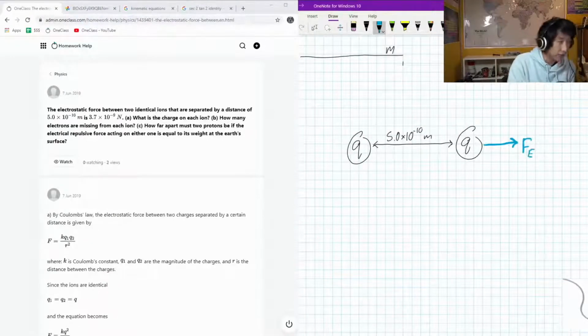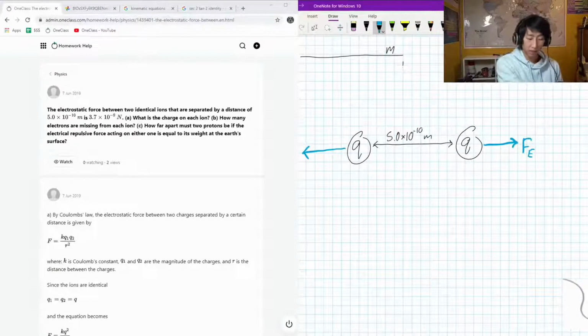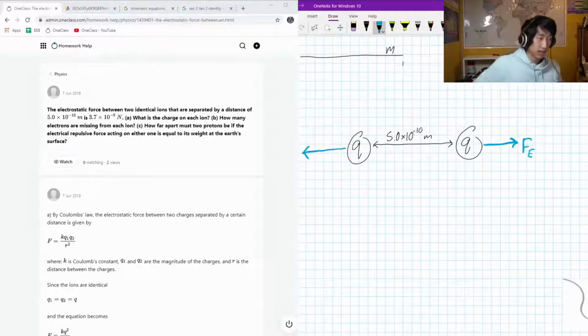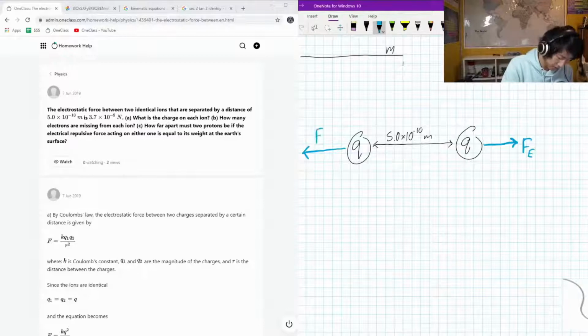The force that they feel is going to be like this. Identical ions means that they are going to be repulsive because they're trying to get away from each other. If they were opposite charges, they would be trying to get closer to each other. But the key thing here, identical ions. So they have to have a repulsive force between them.